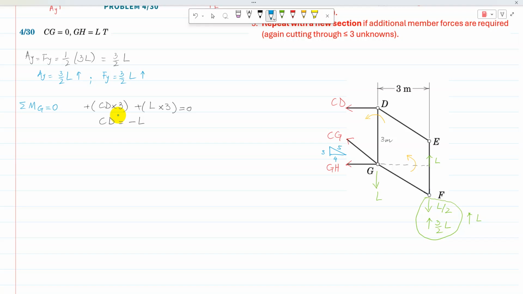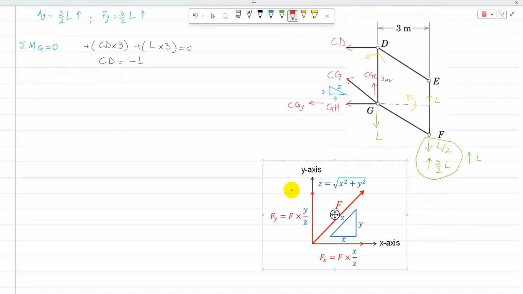Then I can resolve CG into its components. One component is going there, that is CGX, and the other component is going towards the left, which is CGY. Next, I can apply either sigma Fy equal to 0 or sigma Fx equal to 0.